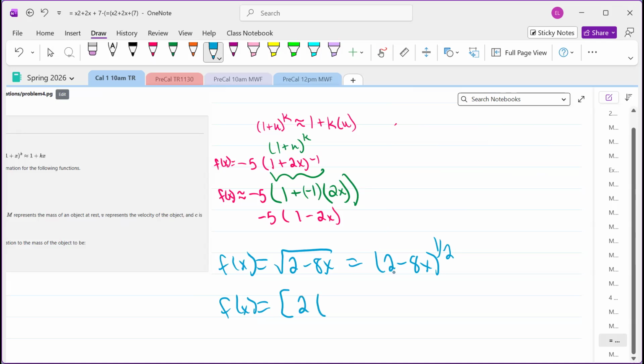So when I pull 2 out of 2 minus 8x, because I'm still leaving my 1/2 power outside all this, that'll leave me 1 minus 4x. So 2 times 1 is 2, 2 times minus 4x is minus 8x. So this is equivalent to what's inside the square root.